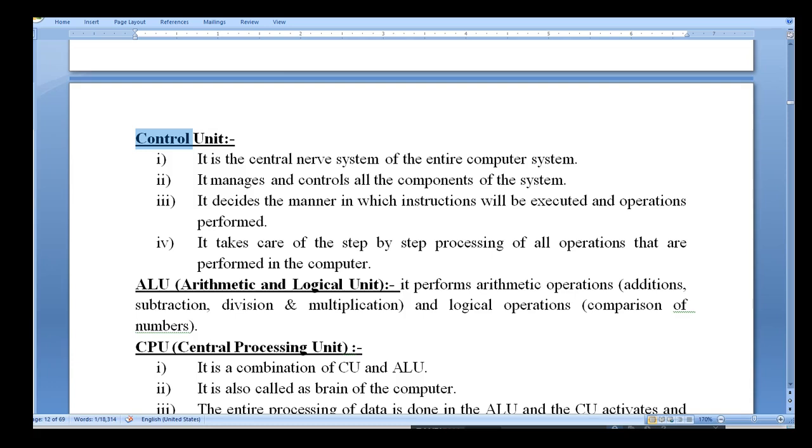It manages and controls all the components of the system, decides the manner in which the instructions will be executed and operations performed, and takes care of step-by-step processing of all operations performed in the computer.